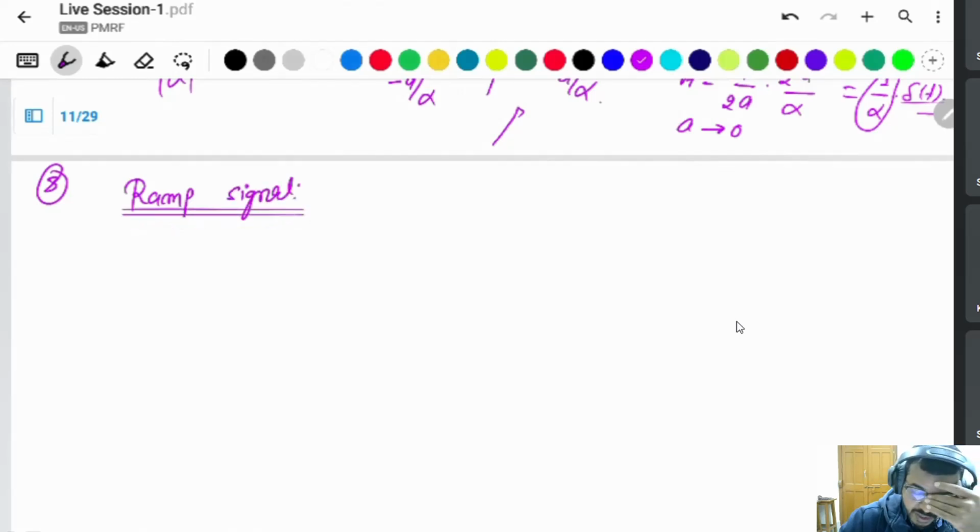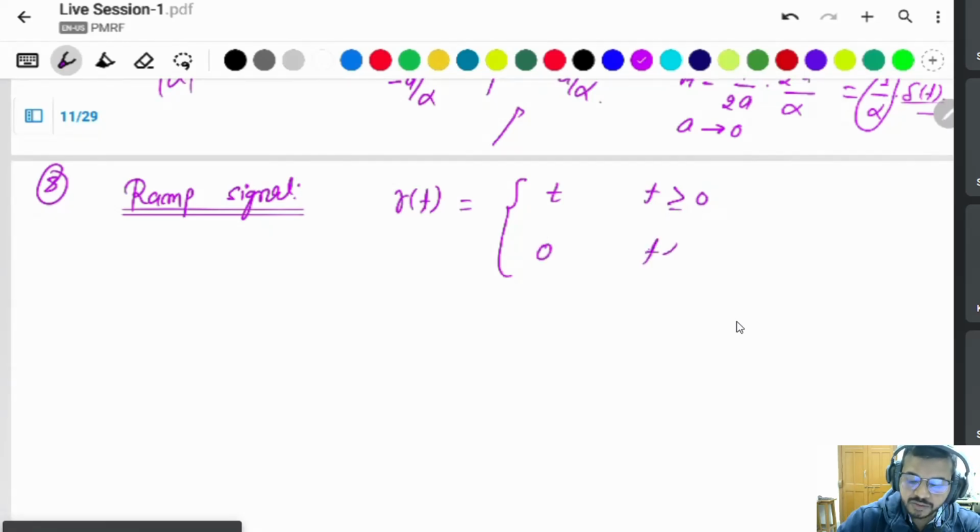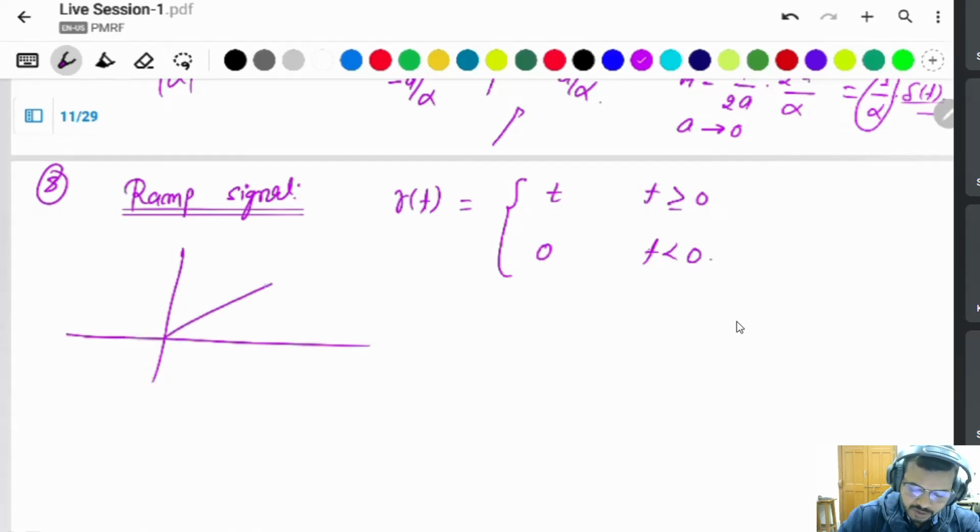Third one is the ramp signal. It is t for t greater than 0, 0 for t less than 0. This signal is represented as the ramp signal.